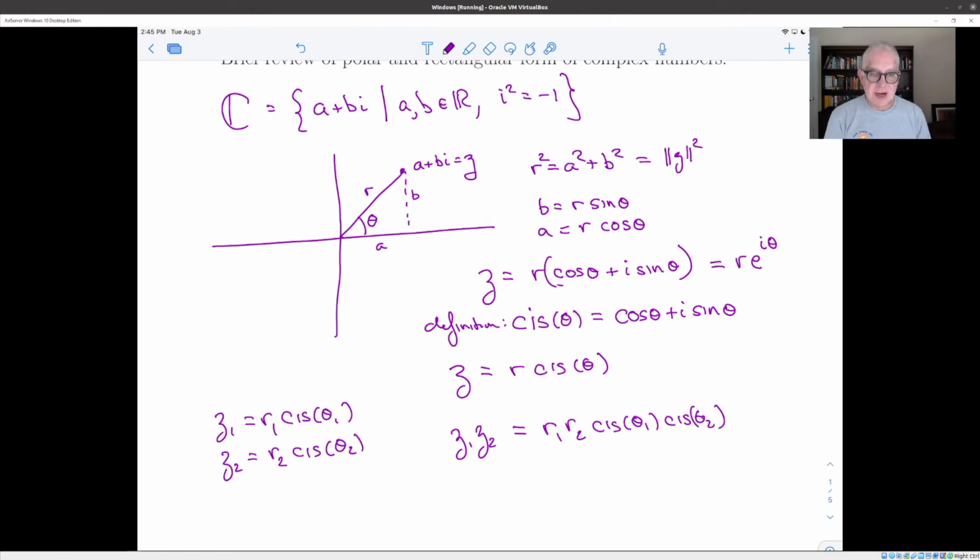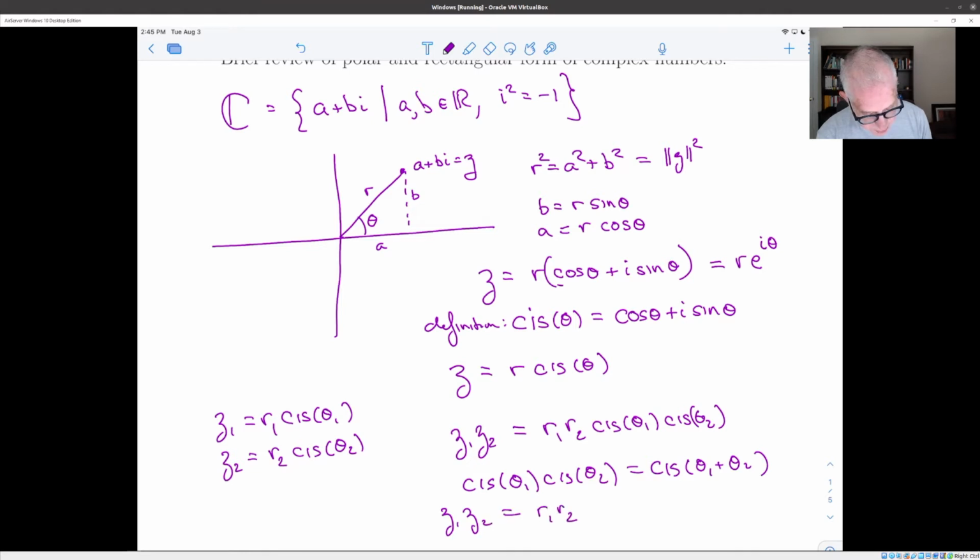But we have a very nice property, which is that cis theta 1 cis theta 2 is the same as cis of theta 1 plus theta 2. So z1 z2 is r1 r2 cis of theta 1 plus theta 2. Now, if you've worked with complex exponentials, this is just the statement that e to the i theta 1 times e to the i theta 2 is e to the i times theta 1 plus theta 2, which is just the law of exponents.